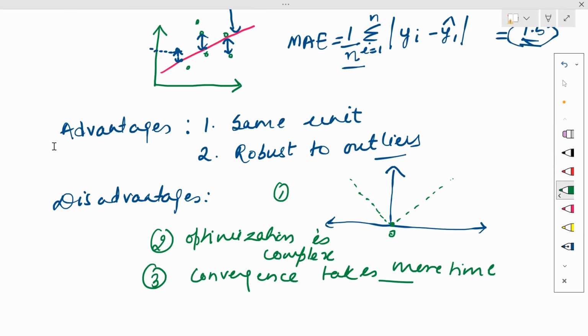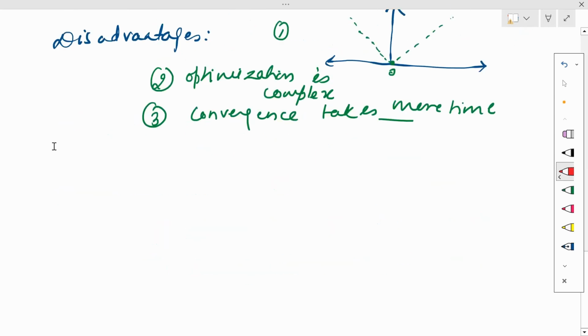That's about MAE. We have other metrics also to evaluate our regression model. The next one is MSE, which is mean squared error.